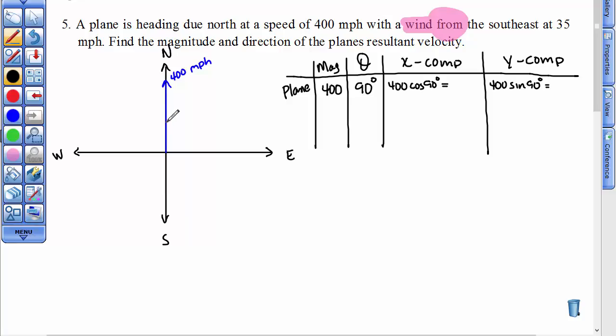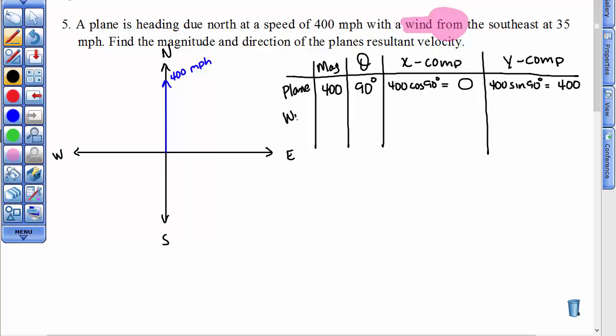Look at that blue line. It's not going in the x direction. It's only going in the y direction to the tune of 400 miles per hour. So when you have a vector on a quadrantal angle, a 90, a 180, a 270, a 0, or a 360, you don't have to do this typing on your calculators. You should be able to recognize there is no x component to the speed of the plane. There is only a y component.